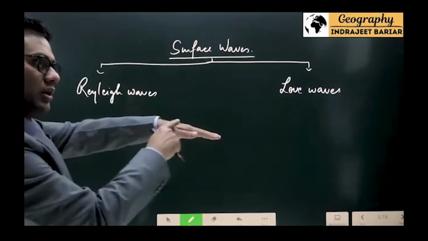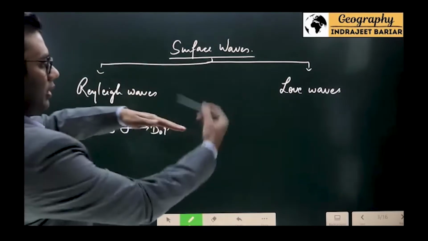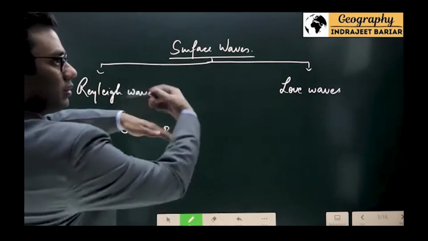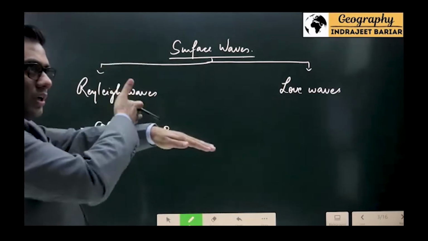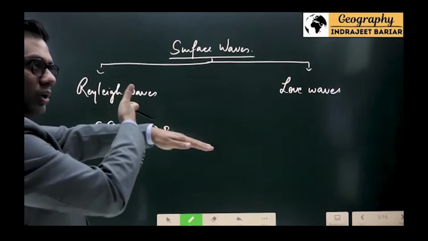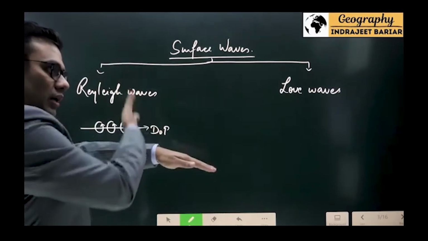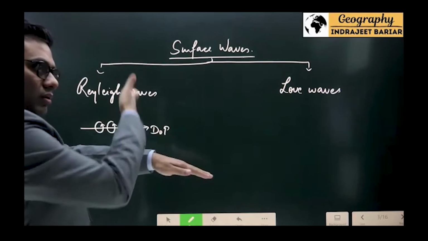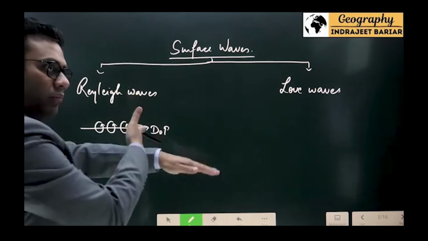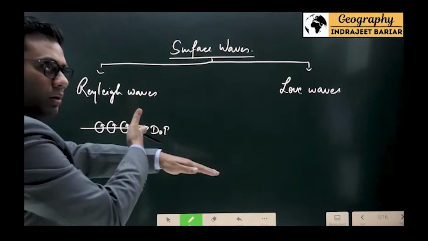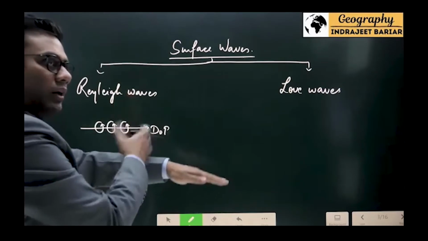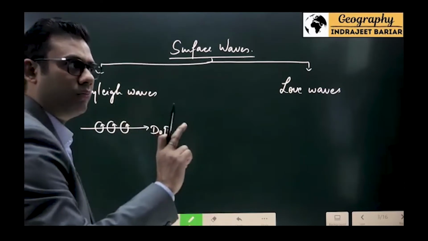In Rayleigh waves, this is the direction of propagation. Particles would vibrate like this. So still it is vibrating on this plane only, but not just up and down, but slightly like this. So it is still perpendicular. Correct, everyone? So still it is perpendicular, but on a plane rather than just up and down.